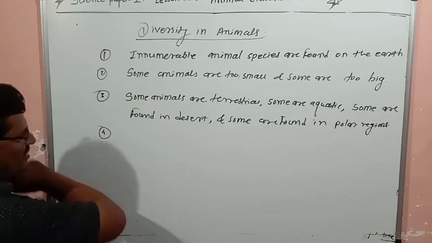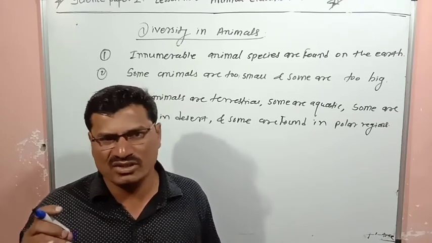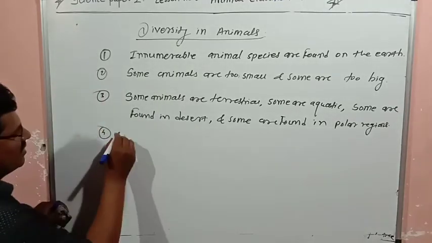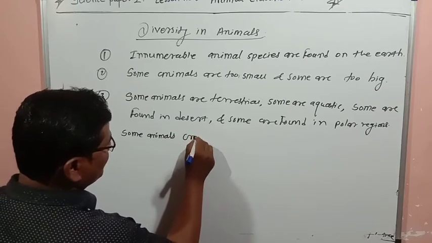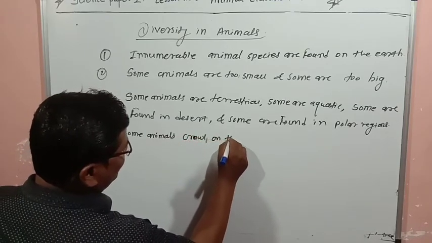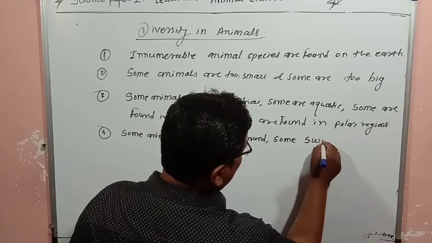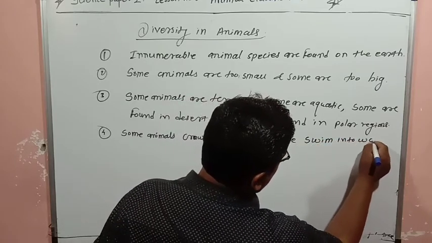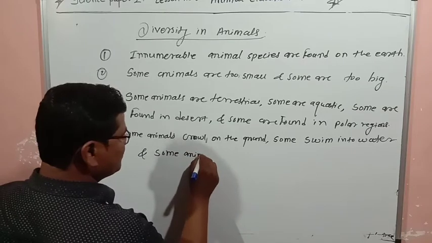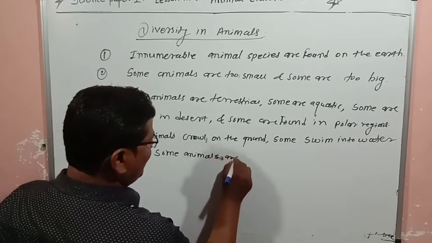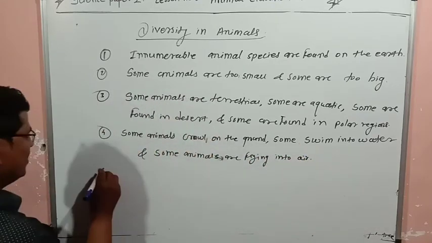The fourth point: some animals crawl on the ground, some swim in water, and some fly into the air.